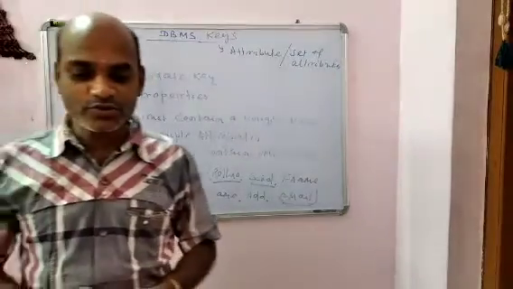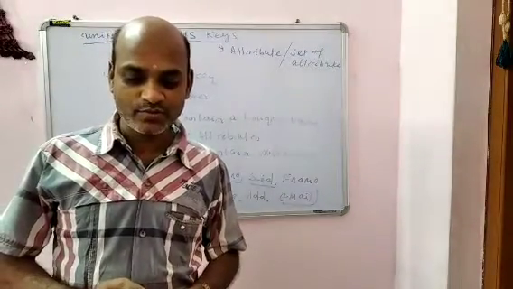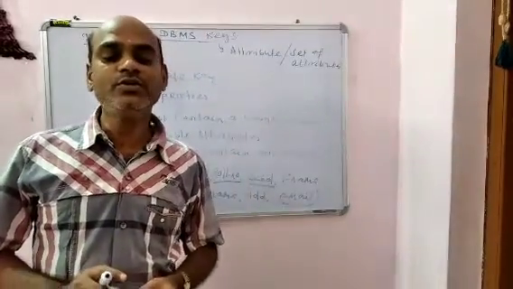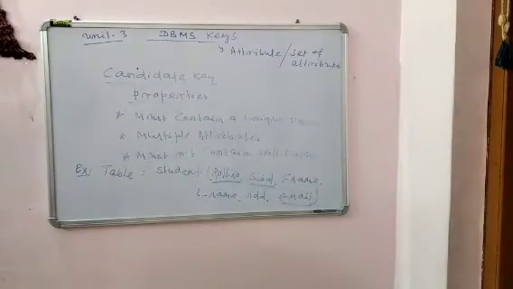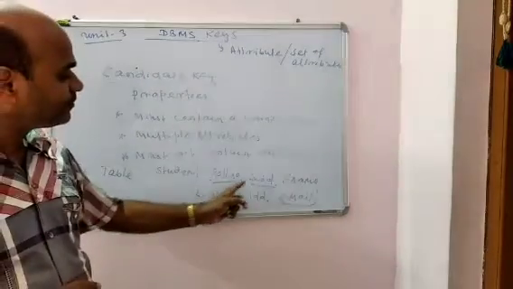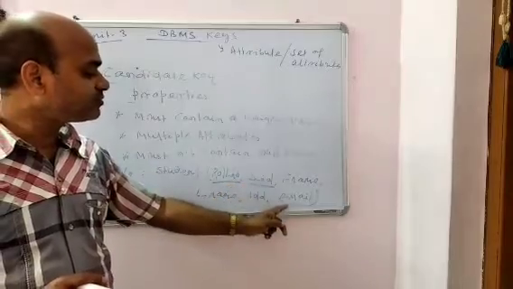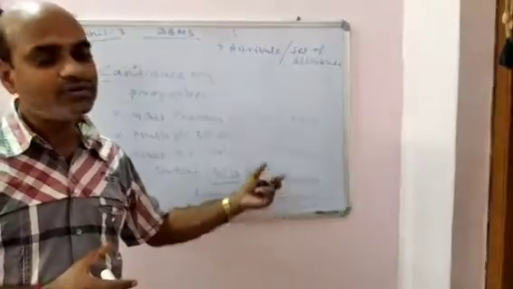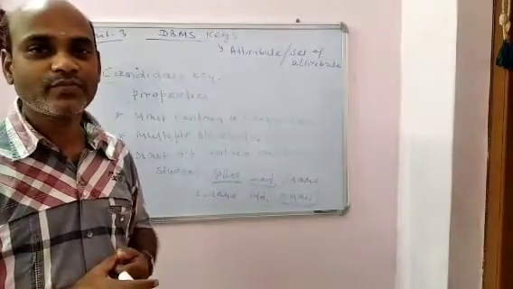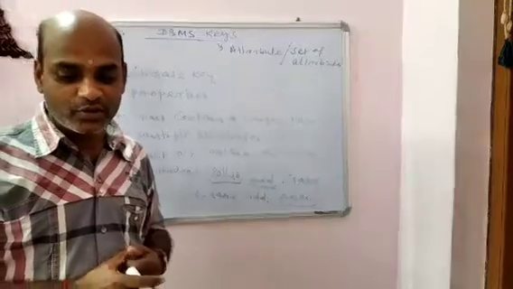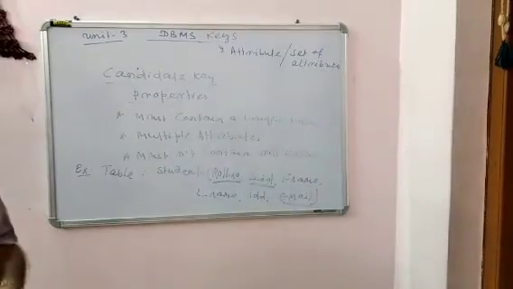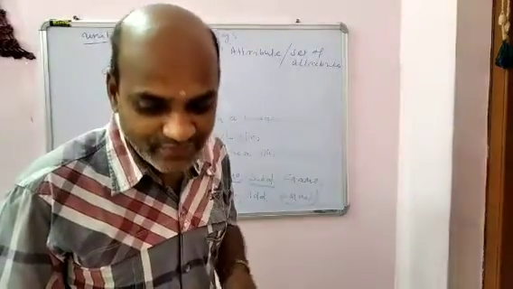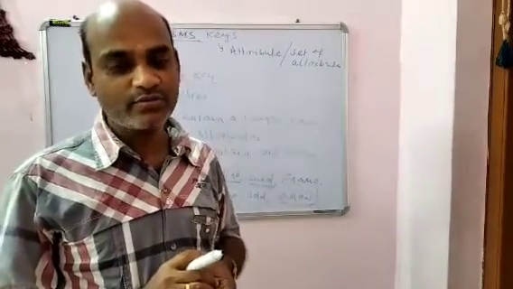Suppose I can choose these three attributes as the candidate key, which helps to uniquely identify a student record in the table.